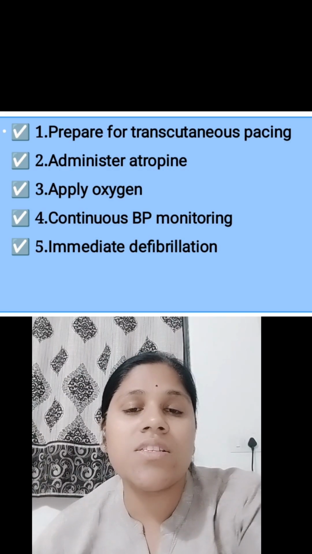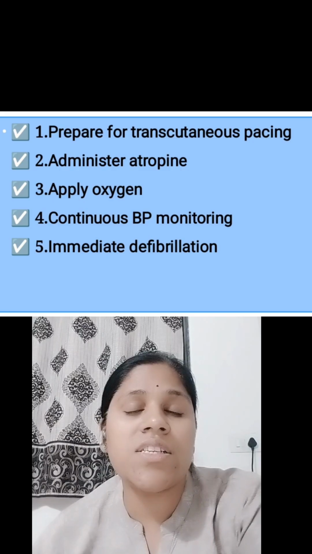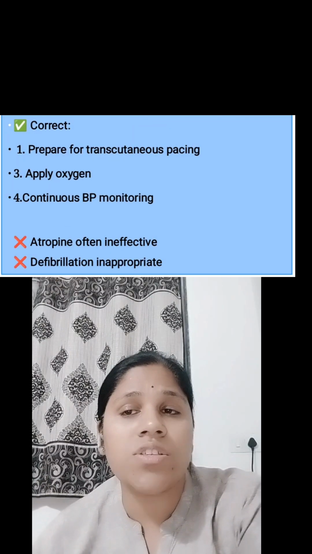Atropine cannot be given in this condition because the patient already has third degree heart block, a condition where there are issues with the conduction system of the heart. So here we should give oxygen.